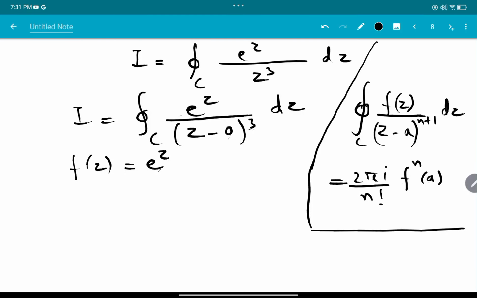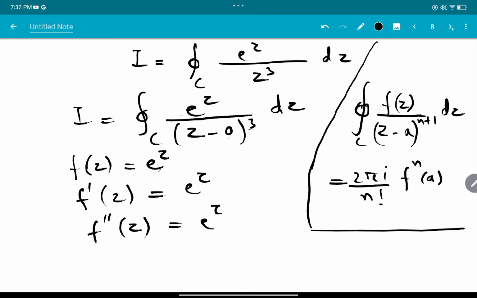Let me explain this. What is f(z)? That is e^z. Let us differentiate it for the first time: f dash z is equal to e raised to z. Let us differentiate it again: e raised to z. Very good. Let's calculate its value. Now at a, what is a? 0.